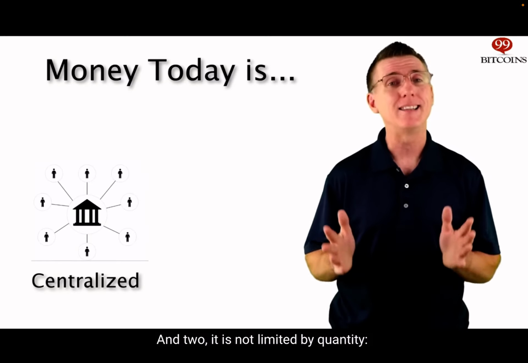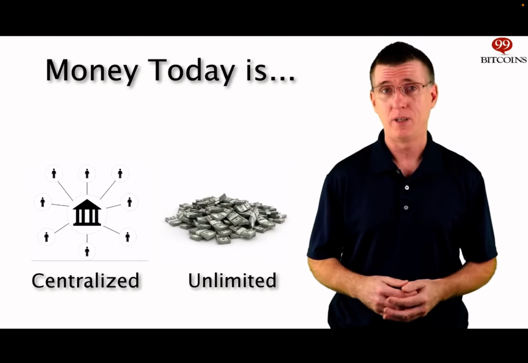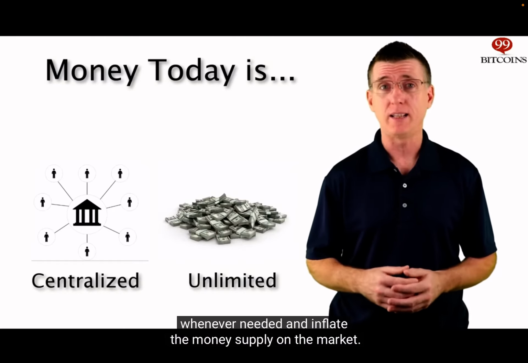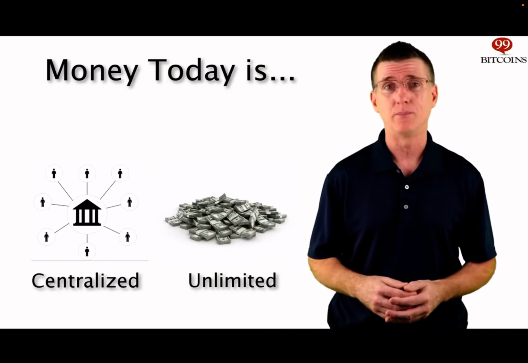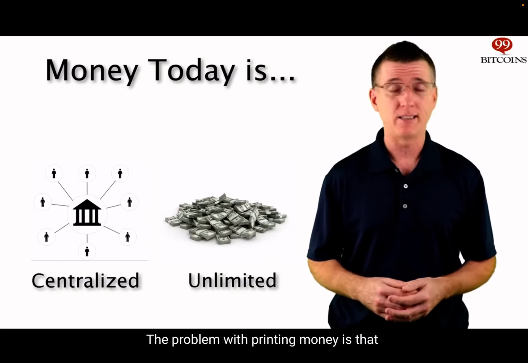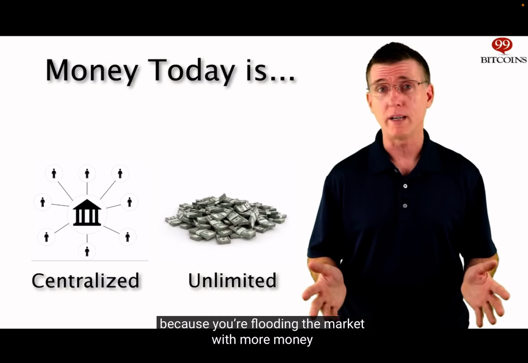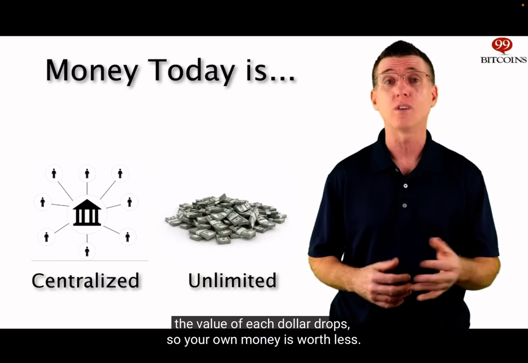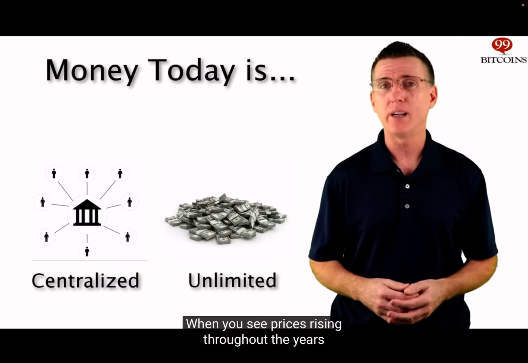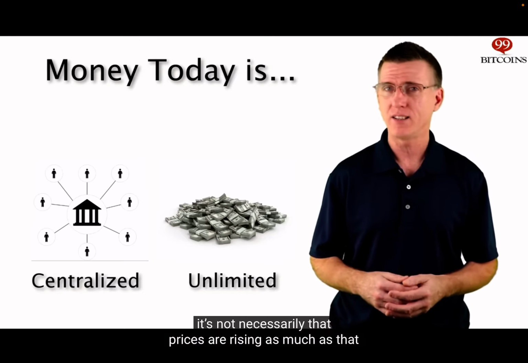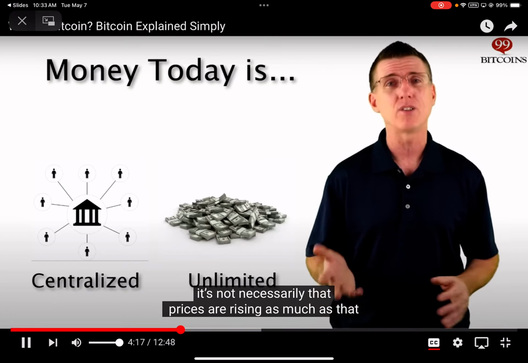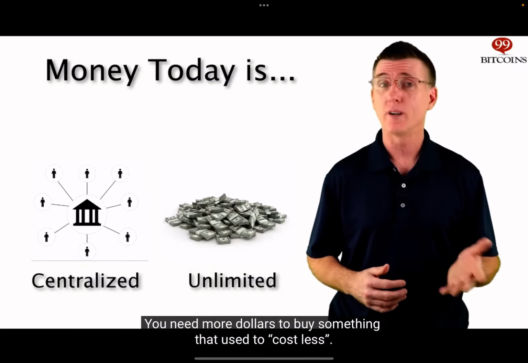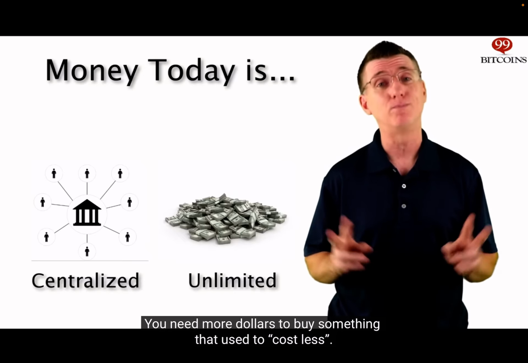And two, it is not limited by quantity. The government or central bank can print as much as they want whenever needed and inflate the money supply on the market. The problem with printing money is that because you're flooding the market with more money, the value of each dollar drops, so your own money is worth less. When you see prices rising throughout the years, it's not necessarily that prices are rising as much as that the purchasing power of your money is dropping. You need more dollars to buy something that used to cost less.